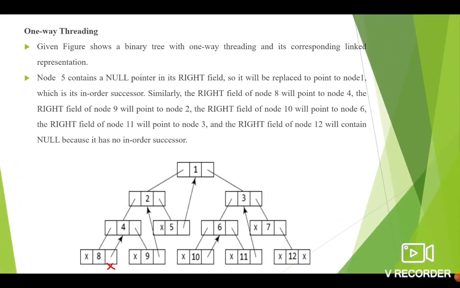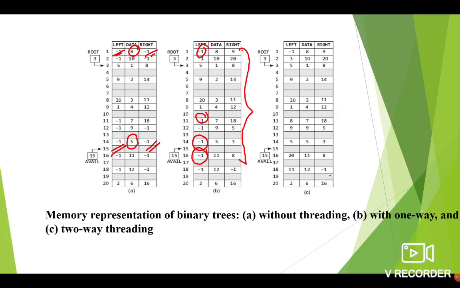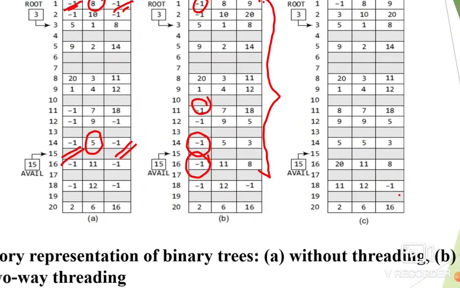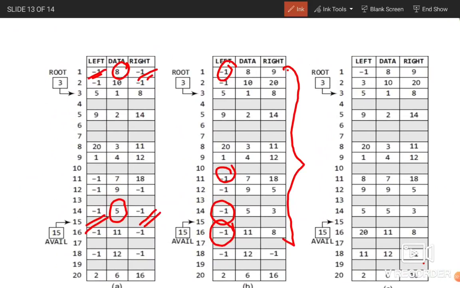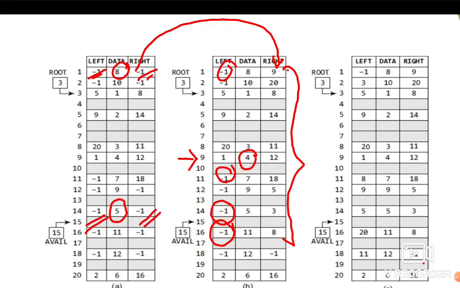So the same thing here also. For the node 8, I don't have the right child. So instead of storing the null pointer, I used the space to store the address of the node 4. That is the in-order successor. So its address is 9. So instead of -1, I have stored 9 here. So this is a one-way threaded tree.